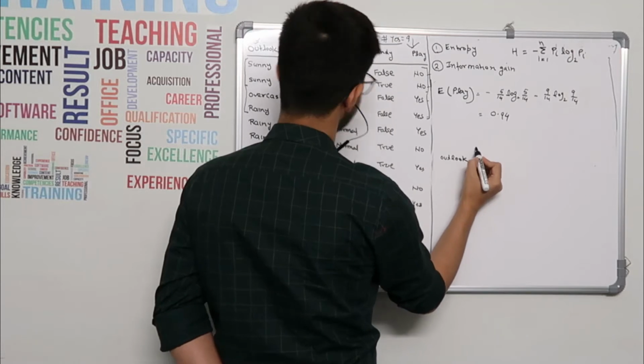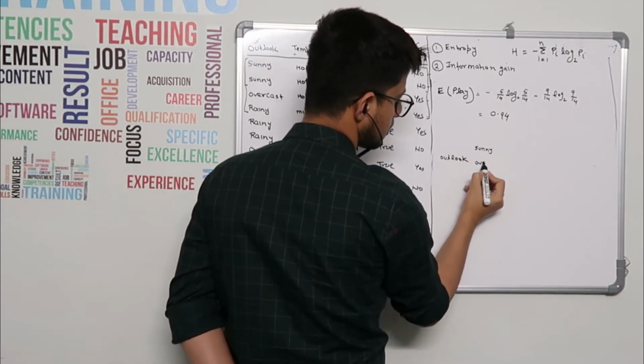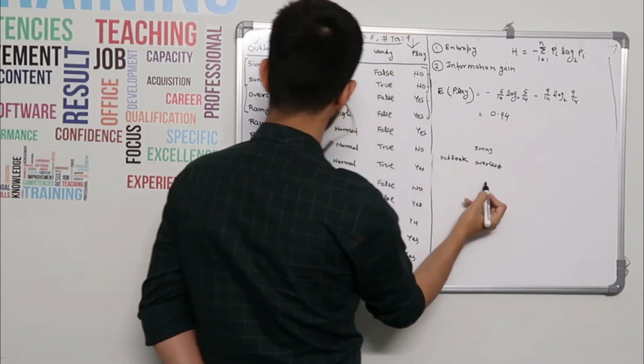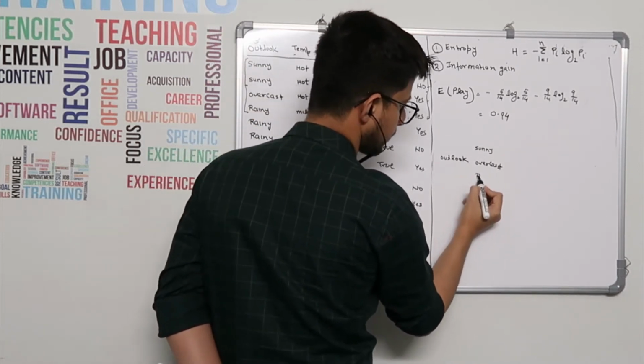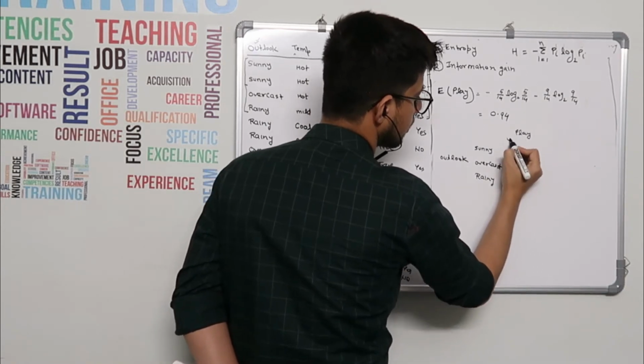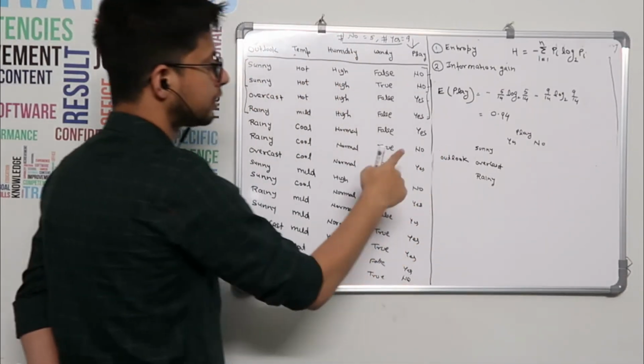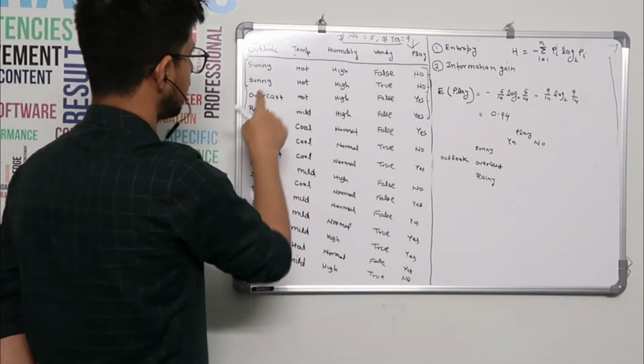If it is outlook, what are the conditions? Outlook has sunny, overcast, and then rainy, and then here we have play, yes or no. For sunny, how many yes are there?